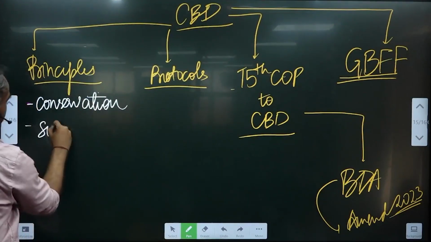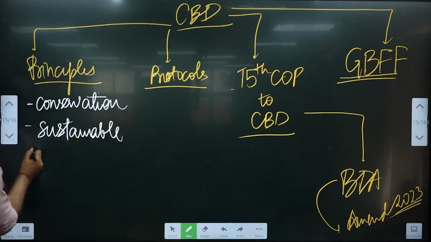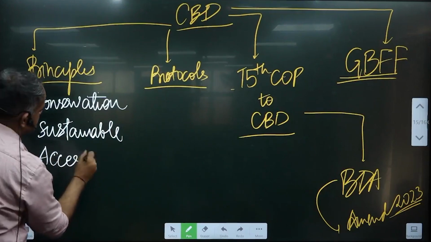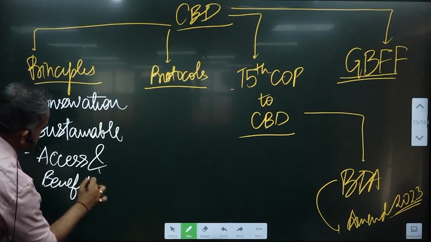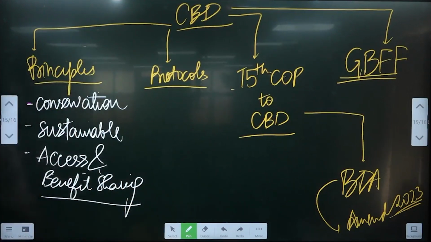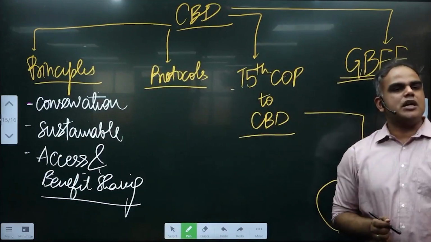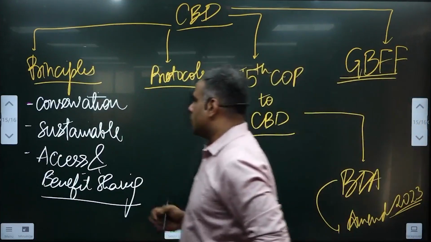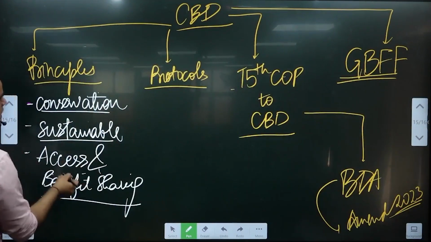It will talk about sustainable use of biodiversity, and ultimately access and benefit sharing, right? Fair and equitable sharing of benefits. So three things are there with the Convention on Biological Diversity. Three principles. Conservation, sustainable use, and access and benefit sharing.